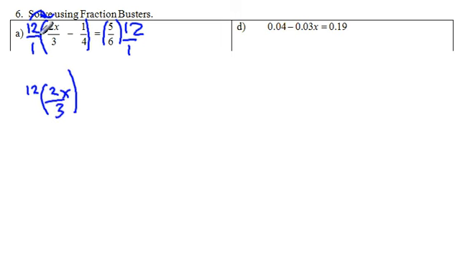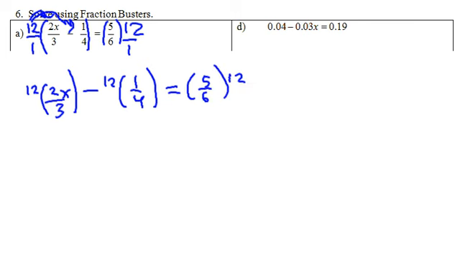And when you distribute to the second term, 12 is also being multiplied to the 1/4, so 12 times 1/4. And on the right-hand side of the equation, we have 5 over 6 is also getting multiplied by 12. And again, if it helps you, make sure you put this as 12 over 1 to remind yourself you're only multiplying the top of the equation, not the bottom.